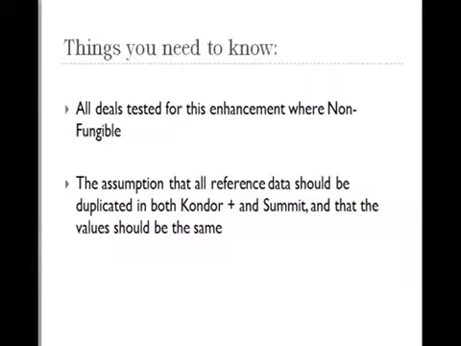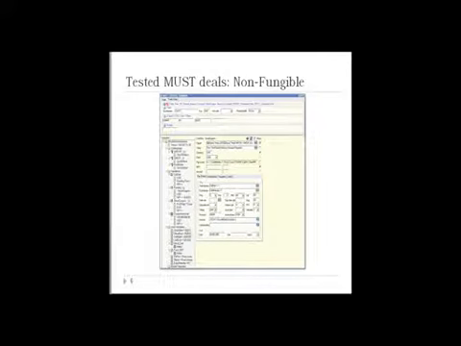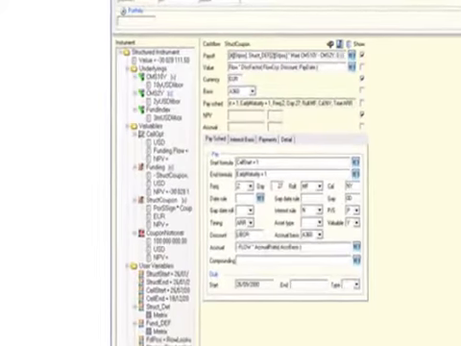As we have said, MUST is the structured product solution for Summit, so all the deals that were tested are non-fungible. The second thing you need to know is that we started from the strong assumption that all reference data should be duplicated in both Condor Plus and Summit, and that all the values should be the same.